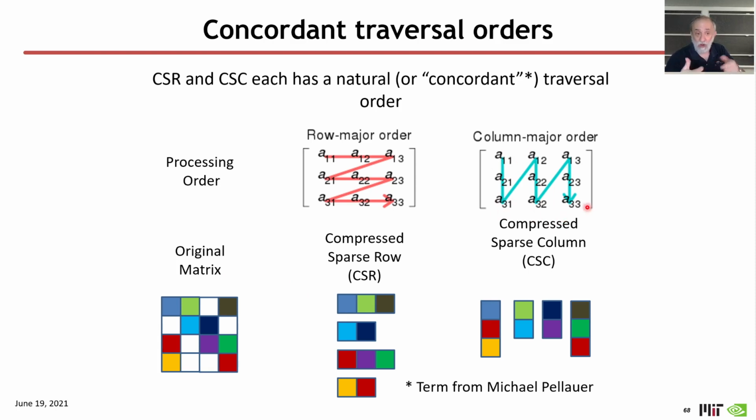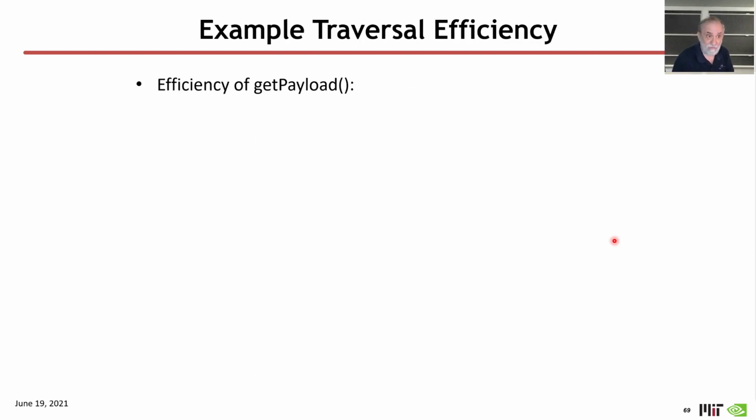And as we saw, what it's saying is if you go as sort of a depth first search through the fiber tree, that would be a concordant traversal, whereas a non-depth first traversal of the tree would be discordant and would be much more expensive.